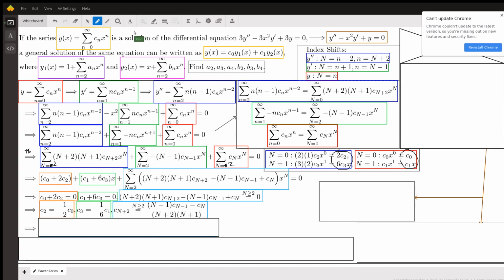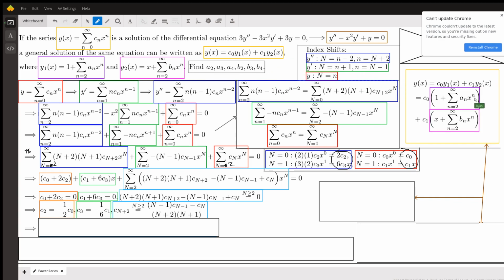Let's take another pause here and go back to what the problem was actually asking for. A2, A3, A4, B2, B3, B4. So if I go ahead and take out this yellow part over here, off to the side, that's the yellow part, c0 y1 plus c1 y2. And I just replace y1 and y2 with what we were told they were equal to.